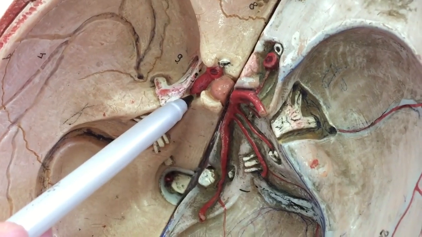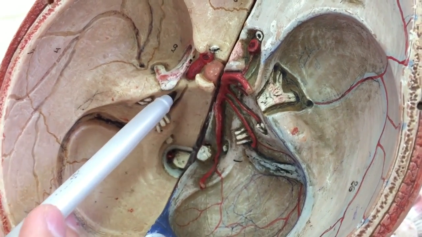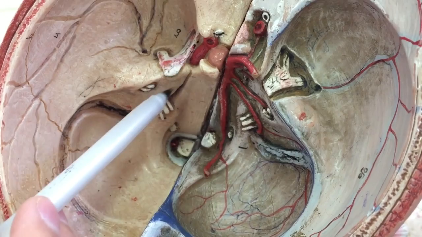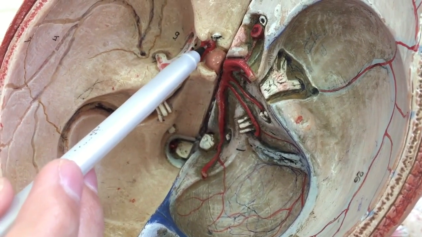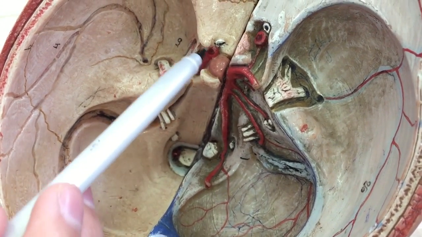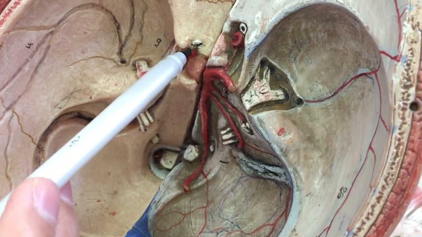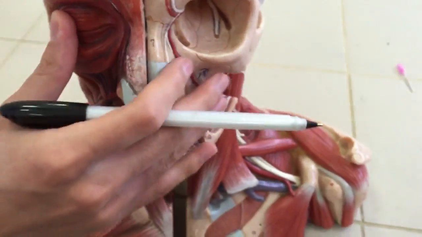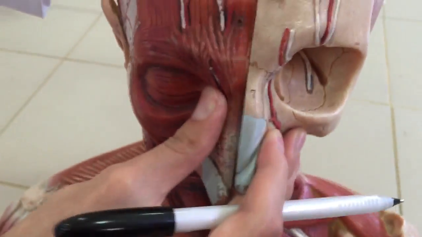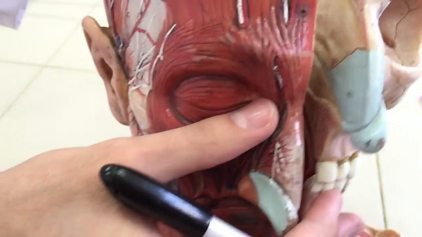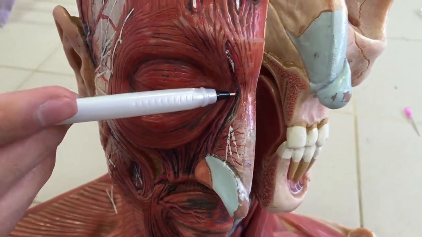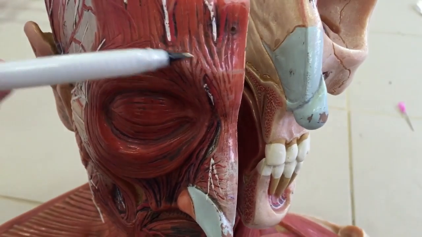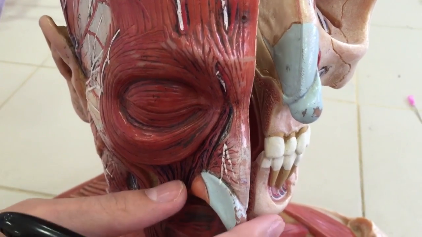This is the internal carotid artery passing through the carotid groove, and then becoming the ophthalmic artery to pass through the optic canal. Okay, so as we said, the angular artery will anastomose with the supratrochlear and supraorbital arteries.